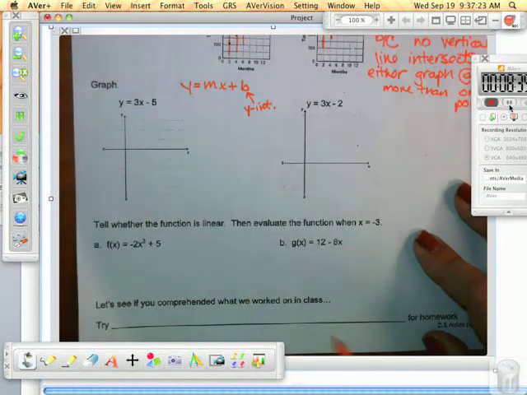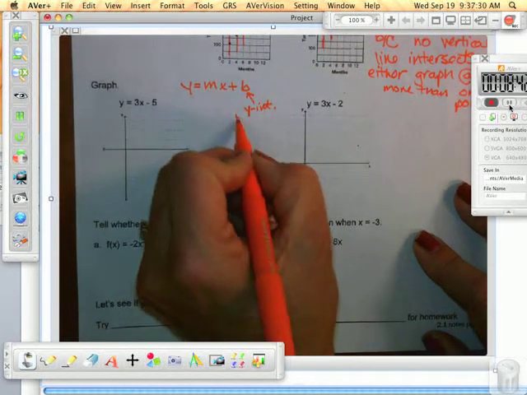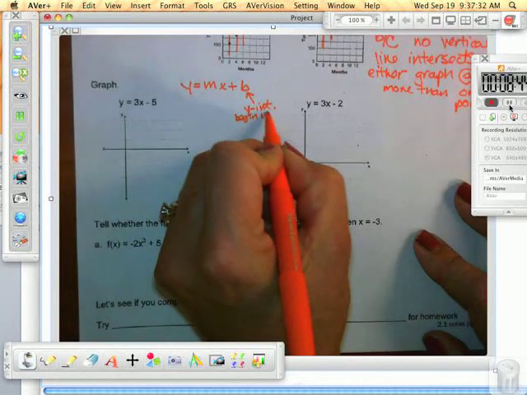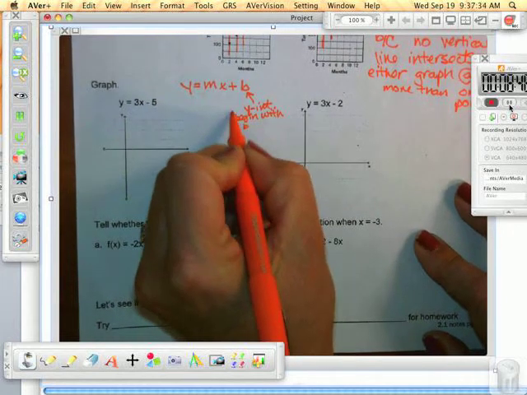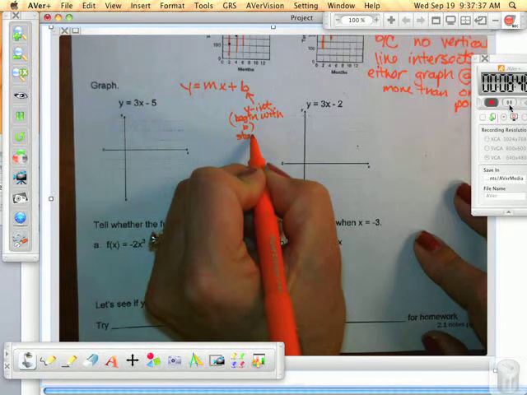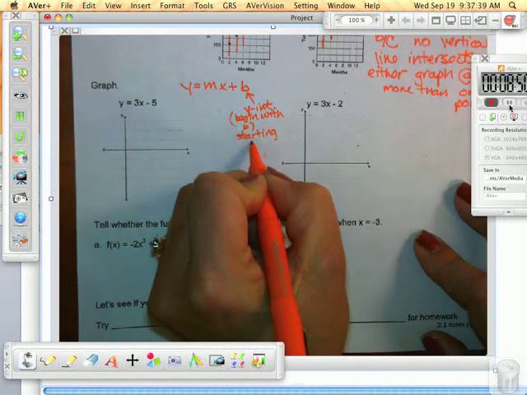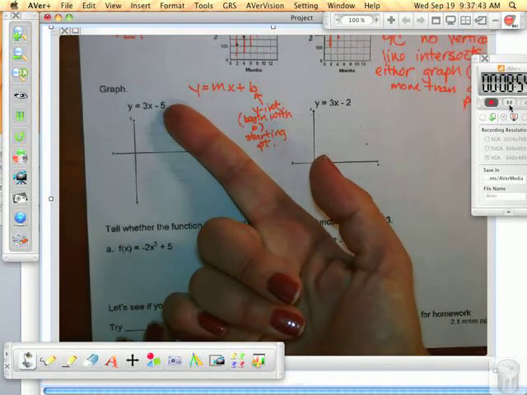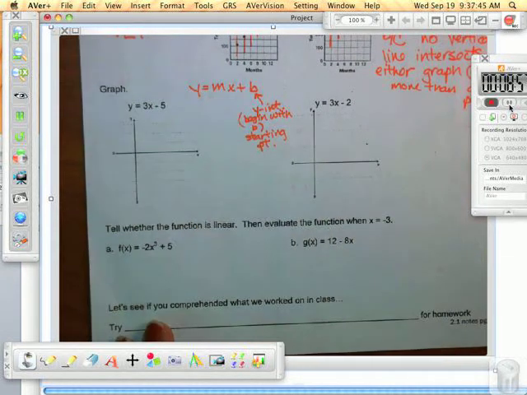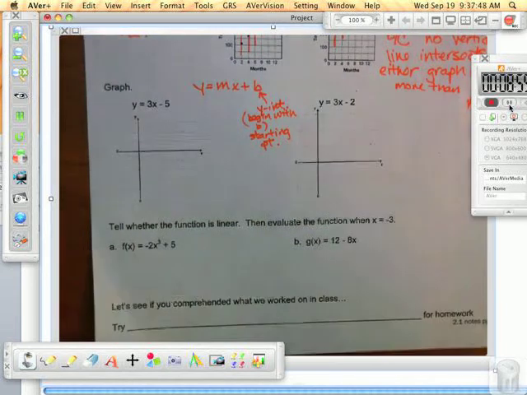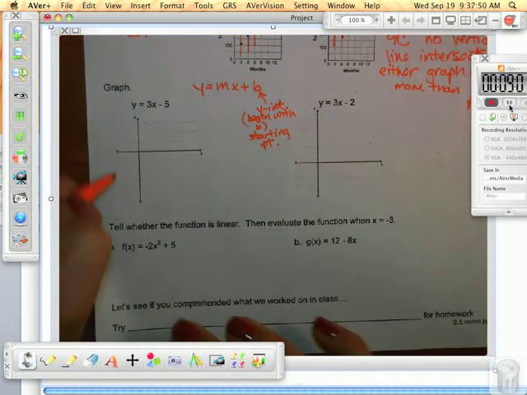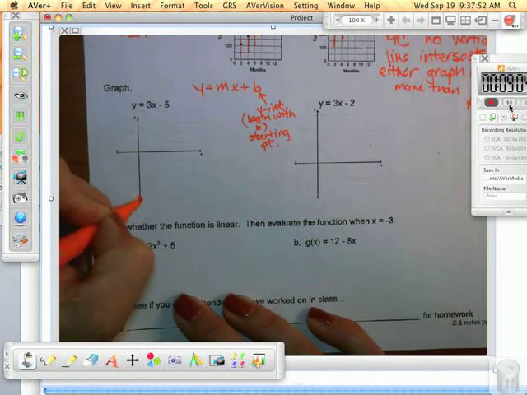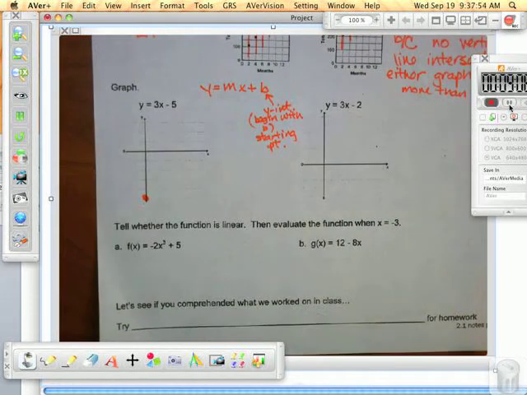Begin with B, that's your starting point. So they're saying here that -5 is my y-intercept, that's my starting point. So I plot -5 on the y-axis, remember? Go down 5, 1, 2, 3, 4, 5. There's my y-intercept right there, -5.